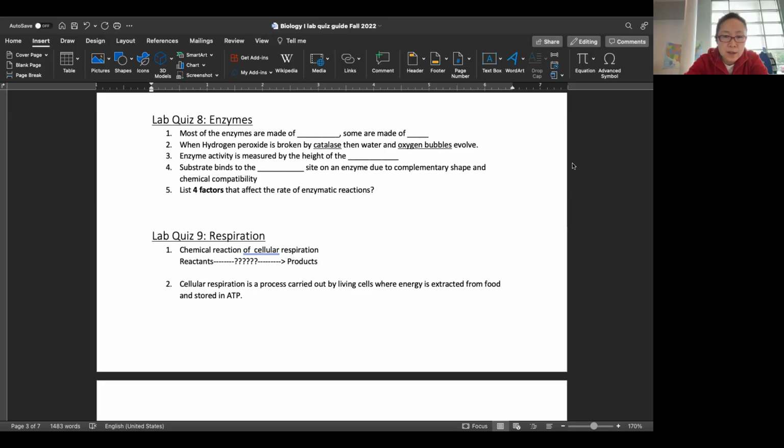Substrate concentration, temperature, pH, and absence and presence of enzyme. No, it's not absence and presence of enzyme. It is absence and presence of activators and inhibitors.